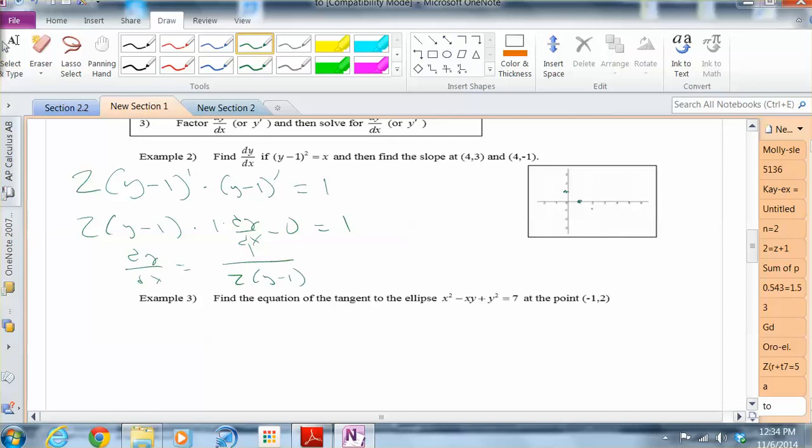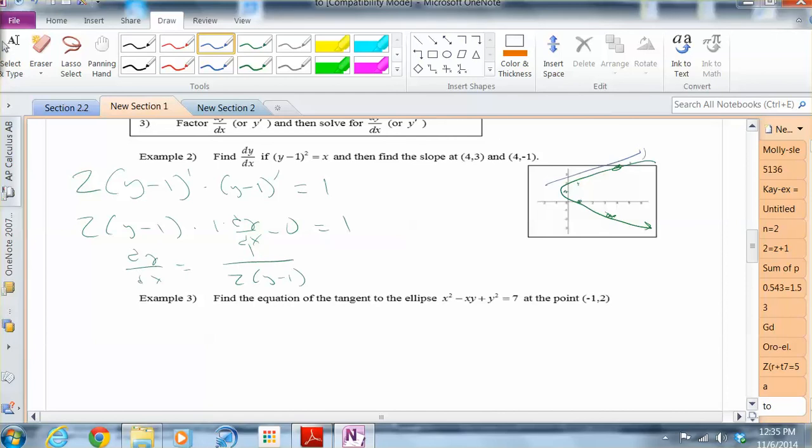And also when x is 1, y could be 2. So you have a sideways parabola. Ugh, I missed. Kind of like that. So (4, 3), third time's a charm. Let's try this again. Probably should make that a little bit longer. So (4, 3) is right here. (4, negative 1) is probably right there.